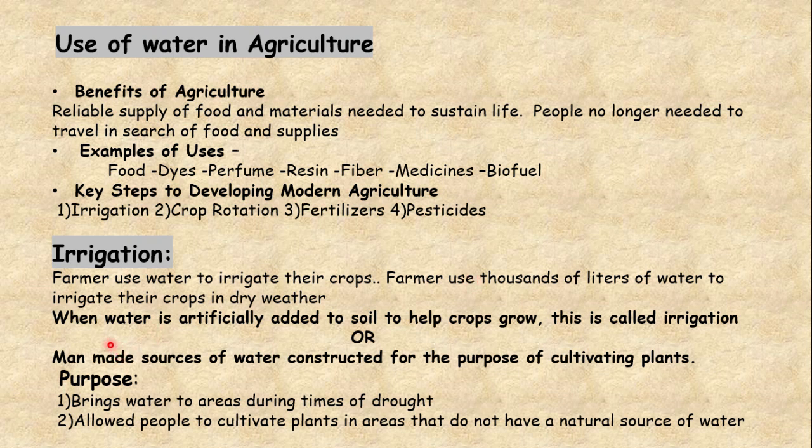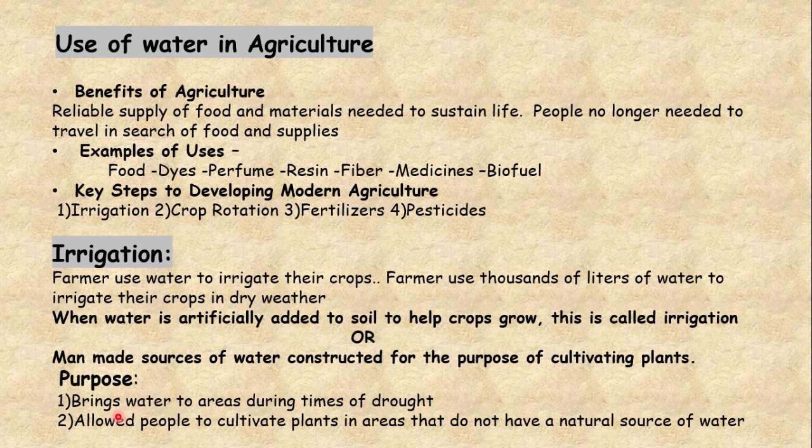What is irrigation? We can define irrigation as when water is artificially added to soil to help plants grow, or it is the man-made sources of water constructed for the purpose of cultivating plants. The purpose of irrigation, number 1, is that it brings water to areas during time of drought. Drought is when there is no rainfall or little rainfall.